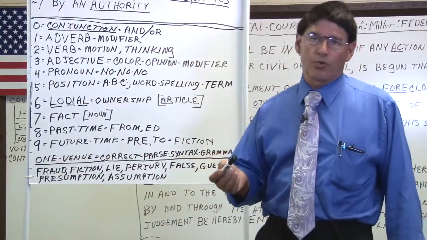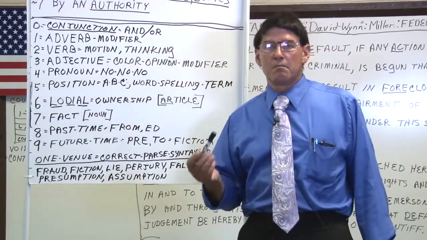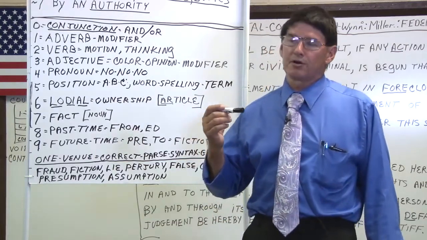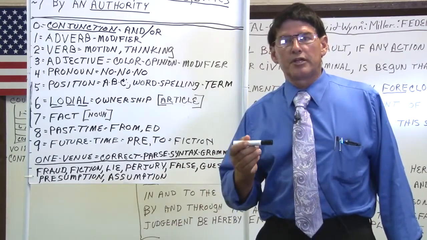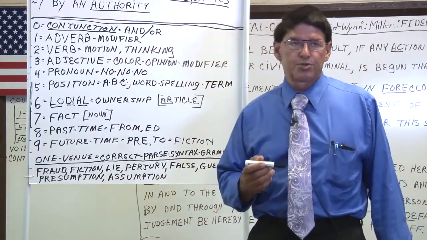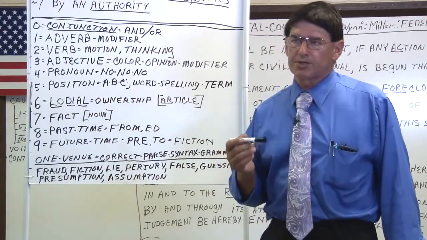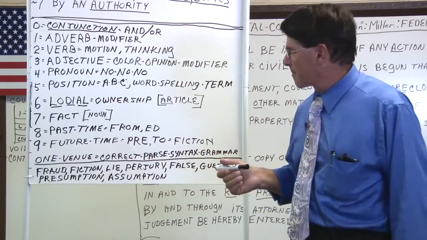Now we have four words. 900 times 720,000 is 640 million variables. So you can see this can become a very large, complicated document when you're going into a mathematical certification to create a correct prepositional phrase or a correct structural sentence, better known as a parse syntax grammar.